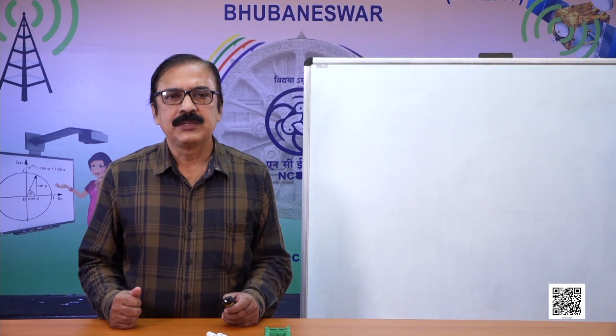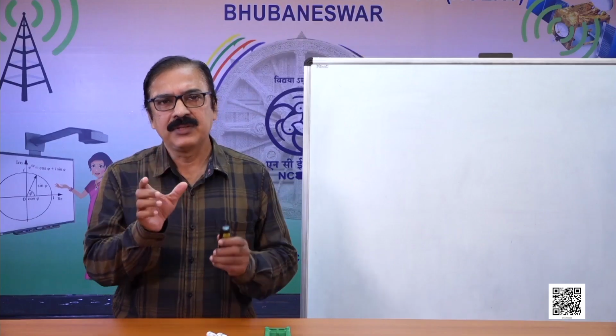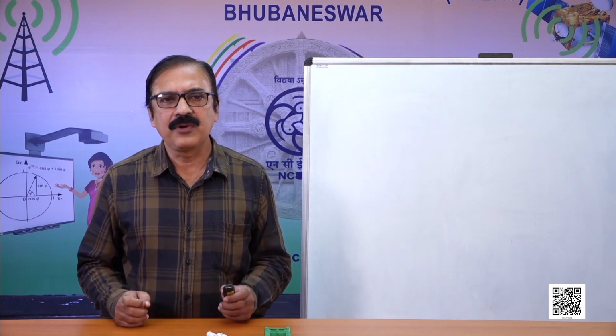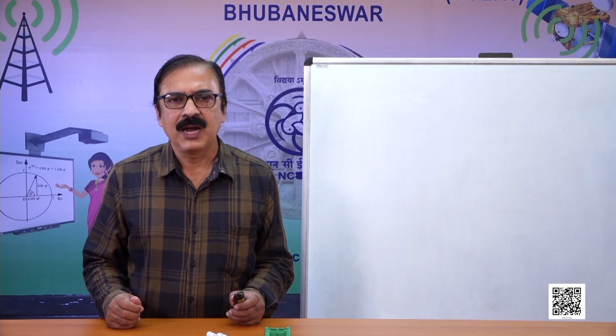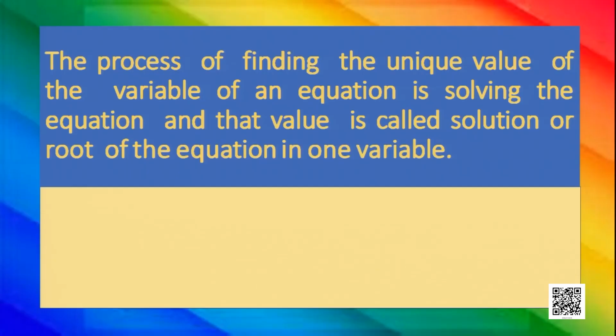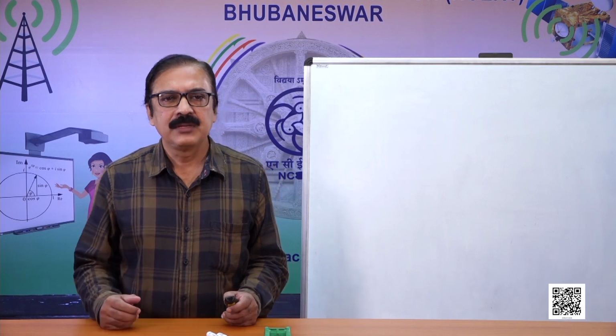So the process of finding the unique value of the variable of an equation is solving the equation. So whenever it is given to solve the statement, that means we have to find the value of the variable, and that value is called the solution or root of the equation in one variable.